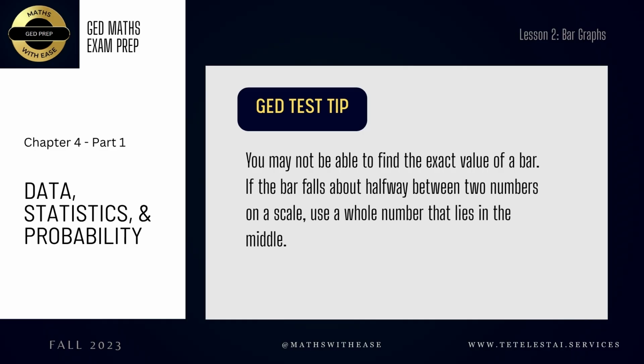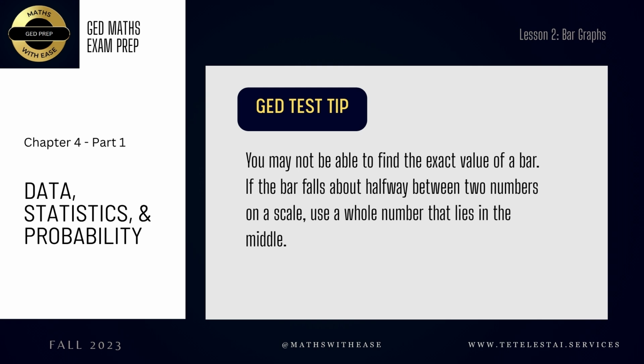You may not be able to find the exact value of a bar. So if a bar falls halfway between two numbers on a scale, use a whole number that lies in between, right? Don't try to estimate it as 32.5, because there's no way to actually ascertain that unless the divisions on the vertical axis are showing striations that tiny.